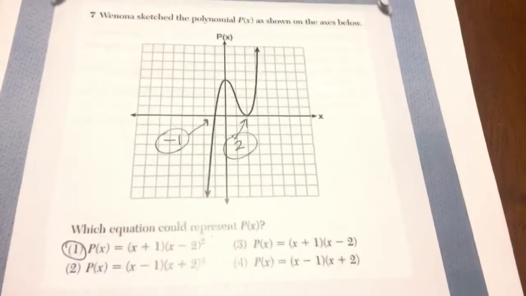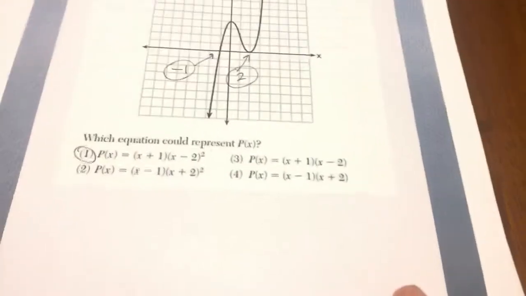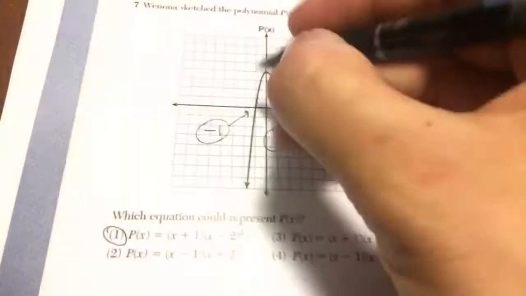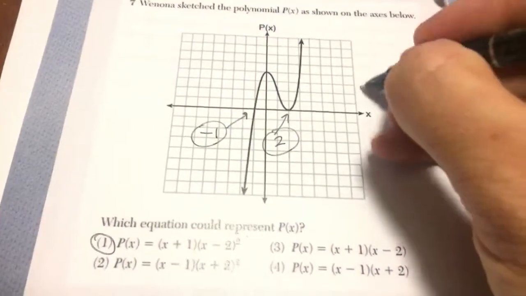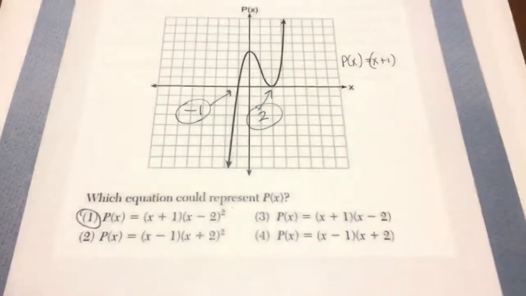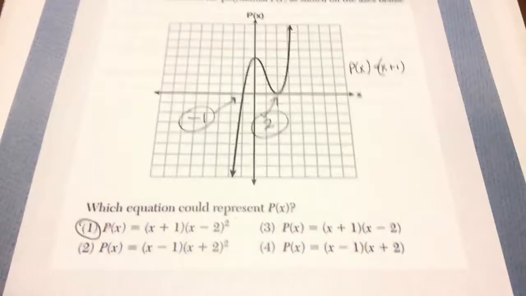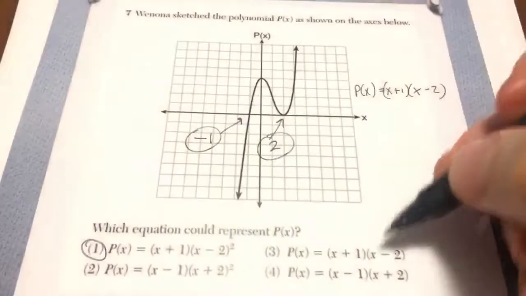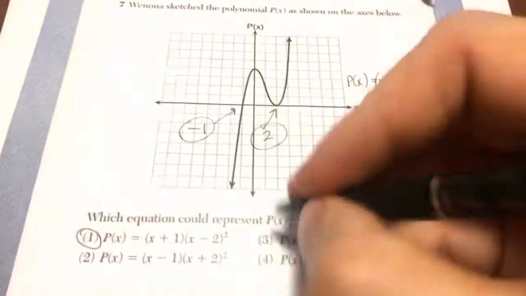In this case, they're asking which equation could represent p of x. Remember, if your 0 is -1, that means the factor of this function is going to be x plus 1. And if it's positive 2, it's going to be x minus 2. Now, they want you to pick choice number 3.